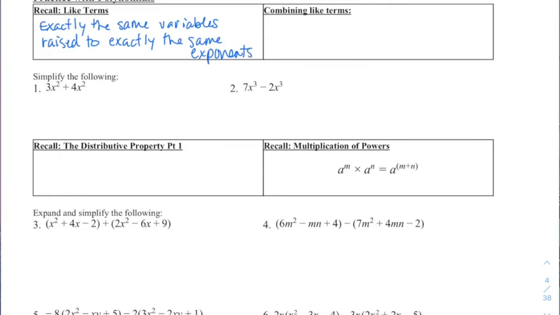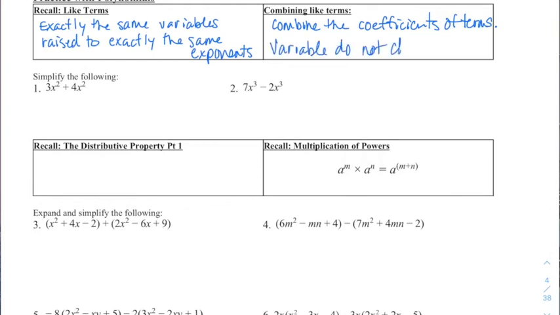To combine like terms, we combine the coefficients of terms. Variables do not change. That's a common mistake right there, so let's maybe put a star here.